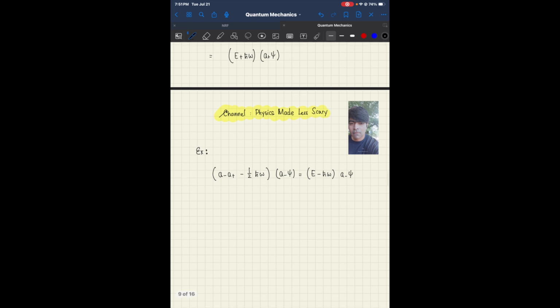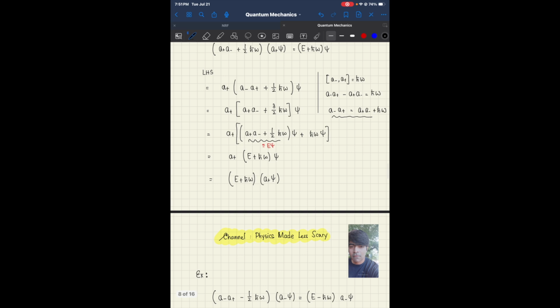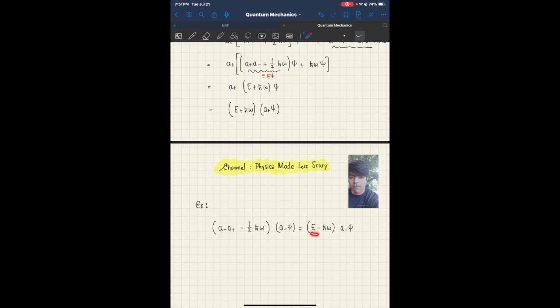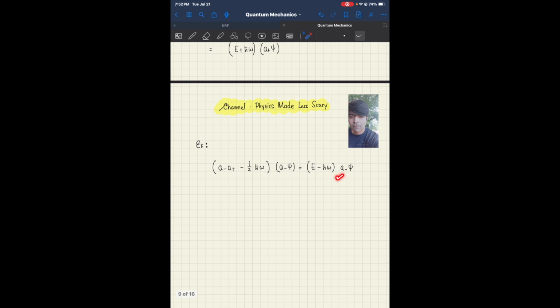Exactly, so you had a plus a minus here, and you have a minus a plus here. The minus plus has an eigenvalue e minus h cross omega. Okay, so this I have done for you in gory details. This is something that you should do as an exercise.